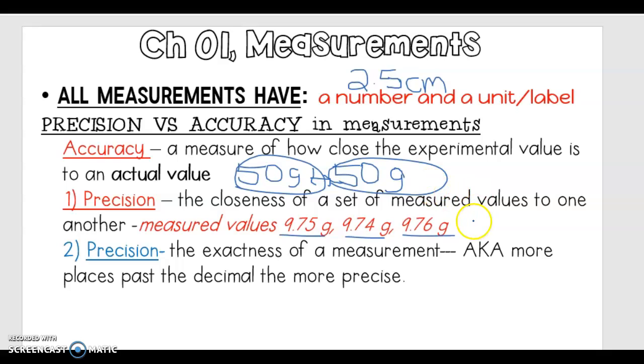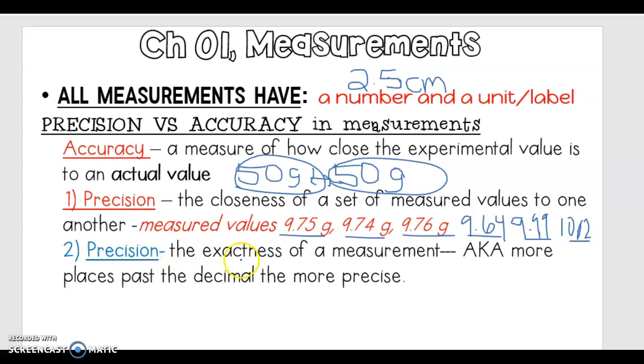If I had values like 9.64, 9.99, 10.02, if my measurements are very far away from each other, then that means that we do not have precision.